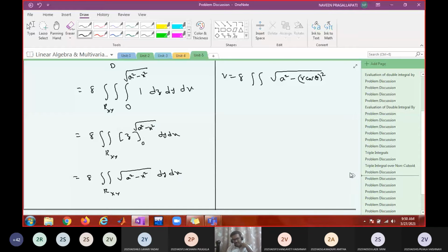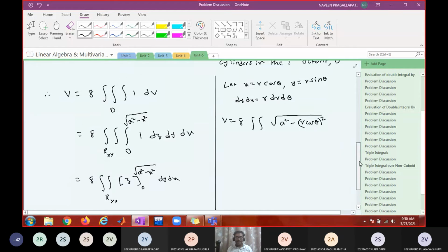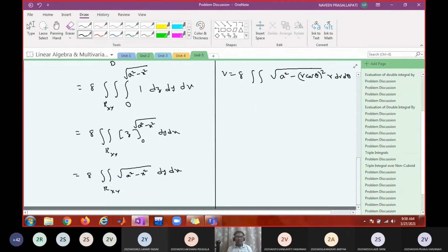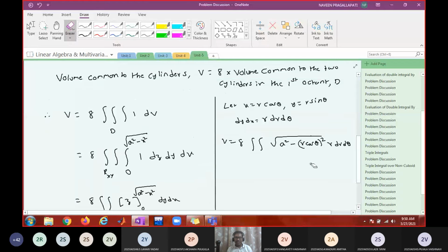Just check, because dy dx is r dr d theta. We have a square minus x square, the direct formula is there, no? Yes. So I think better to use that, because it is looking complicated here, not so easy to integrate when it is dealing with r under root.